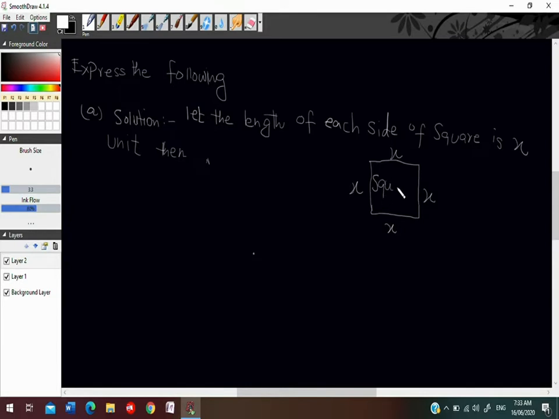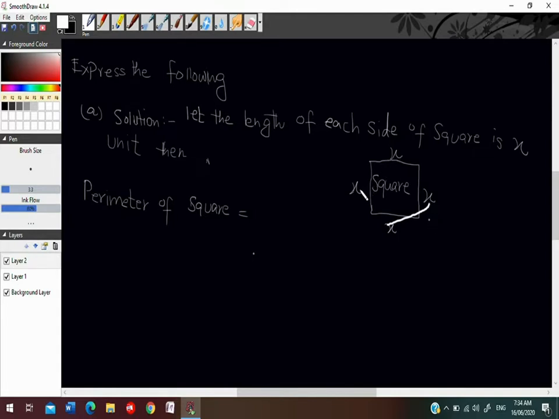We have a square. Now perimeter of square. Perimeter of this square is equals to, how we calculate perimeter? We add all sides of this figure. So this x plus this x plus this x plus this x.